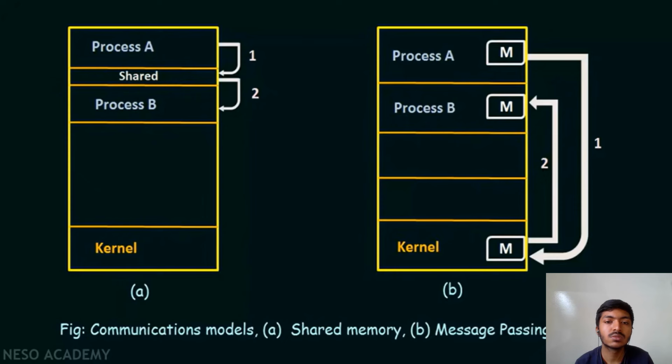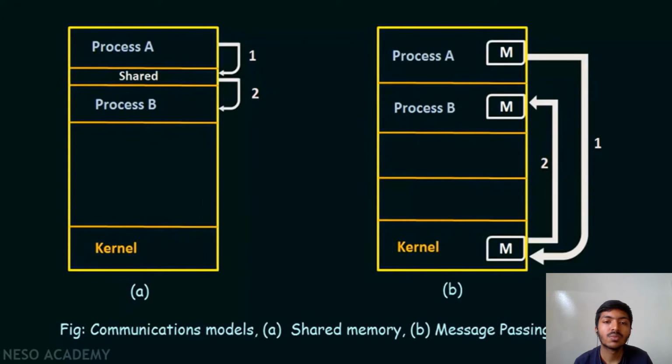And what will process B do? It will read the information that was written in the shared memory space by process A. It will understand what communication process A was trying to make. So with the help of shared memory, process A will be able to communicate with process B. Whatever information process A puts here, process B will be able to read it.